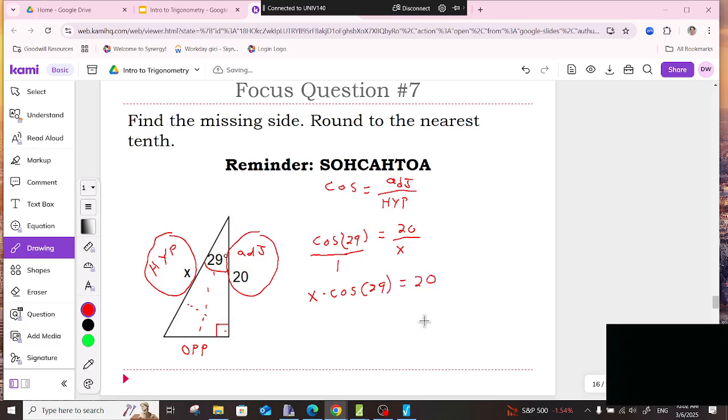How am I going to solve for x? What do you do to isolate it? This is just a number, remember? What's the inverse to multiplication? You're just dividing. So divide by cosine 29, because remember, this is just a number.